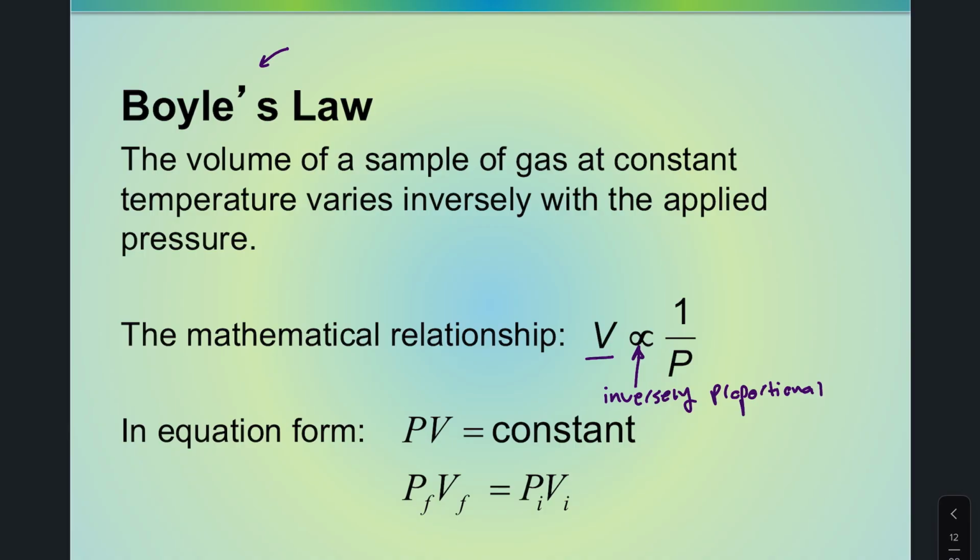Or I guess it would be proportional. That would just be proportional. It's proportional, and not inversely proportional, because we have 1 divided by P, this is the inverse part. The 1 over P means that that is the inverse. Volume is proportional to the inverse of pressure.